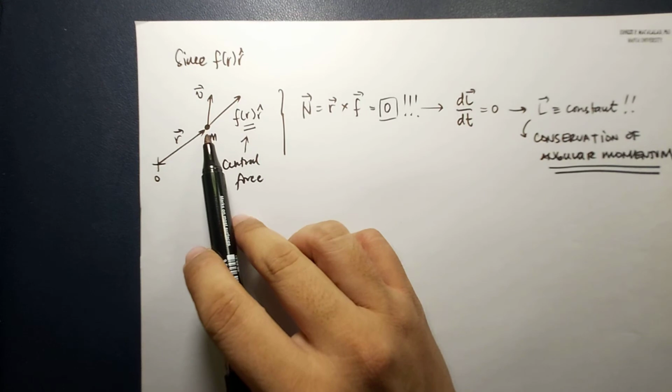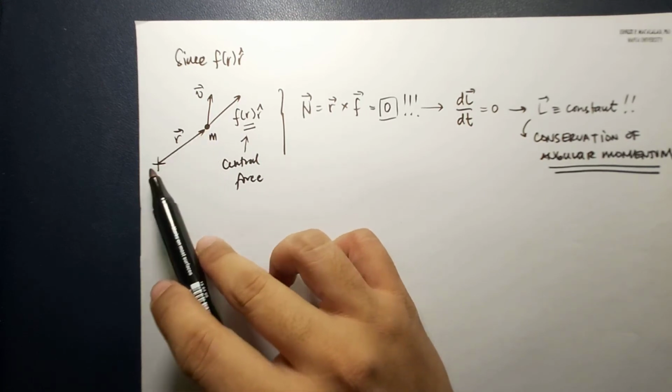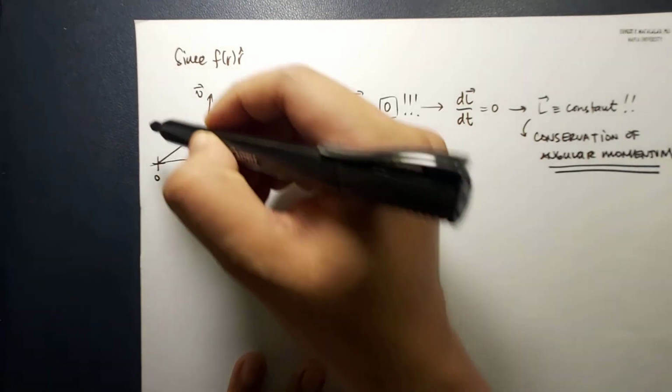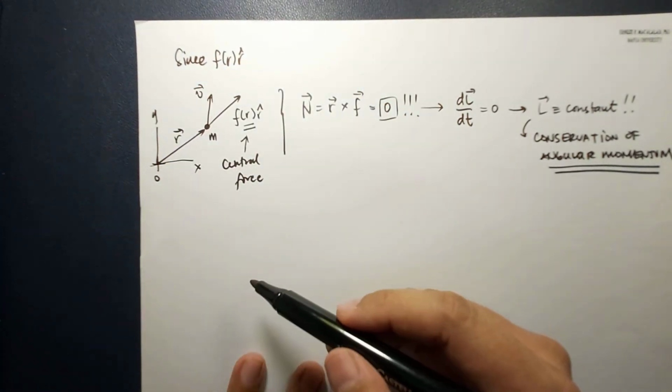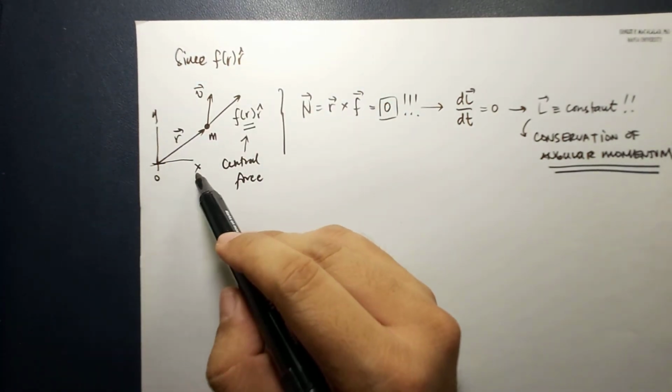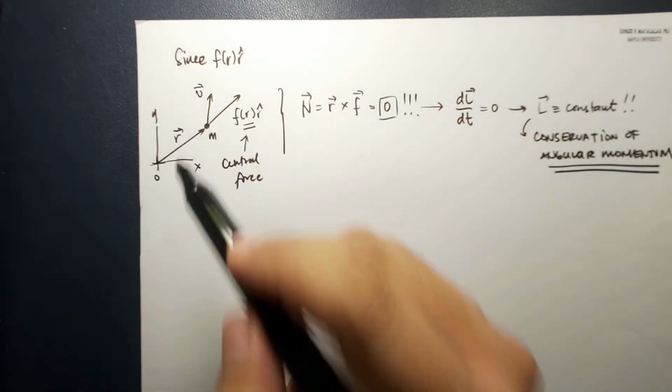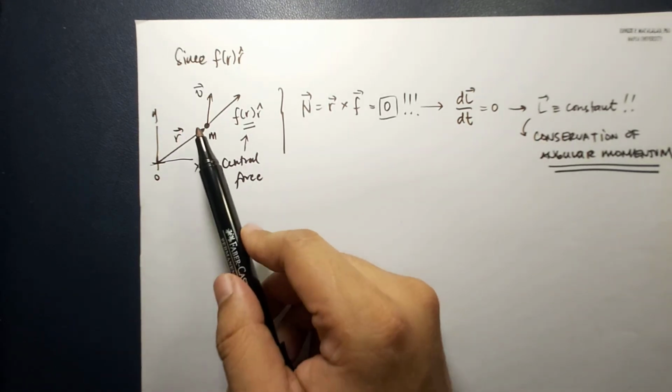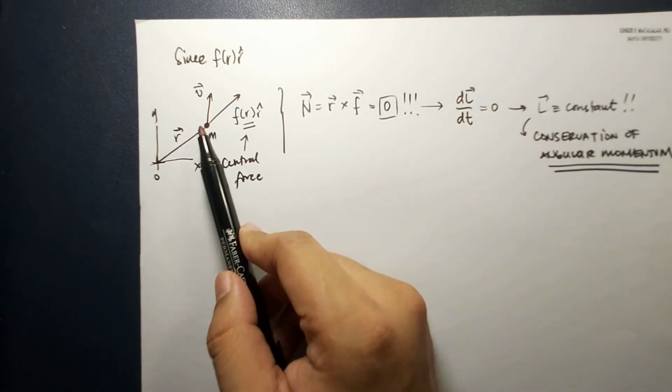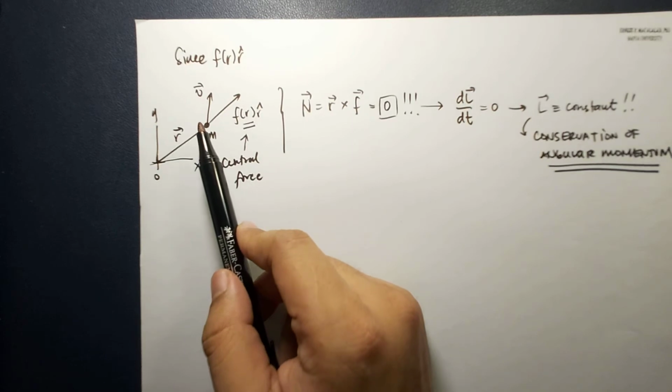If r is in the xy plane and v is also in the xy plane, the angular momentum would be along the positive z direction.